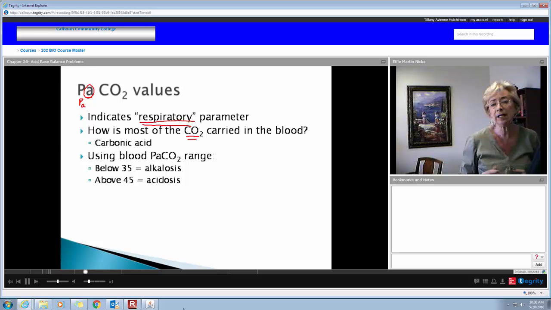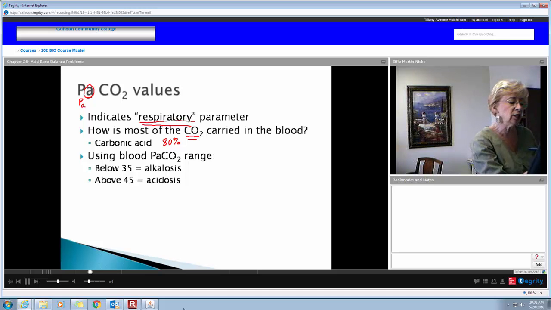Well, the next thing ties back into the cardiovascular unit, and that is, how is most carbon dioxide carried in the blood? You remember? Most of it, 80% of CO2, binds to water in plasma and forms a substance called carbonic acid. 20% can bind to hemoglobin, but most of it forms carbonic acid.